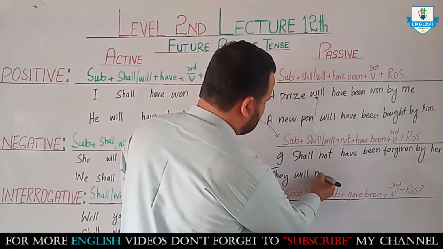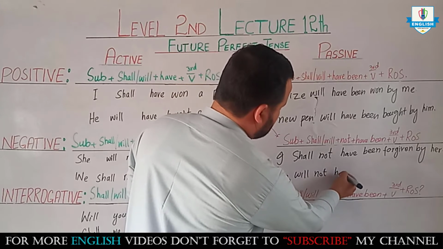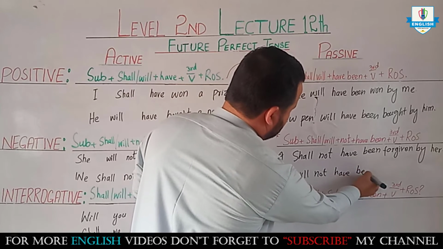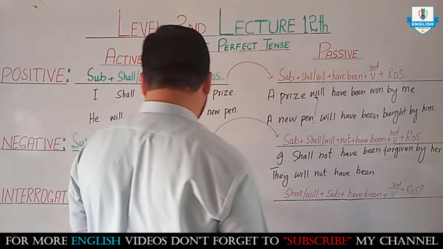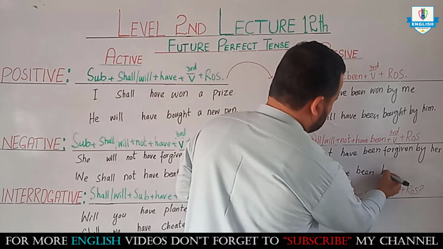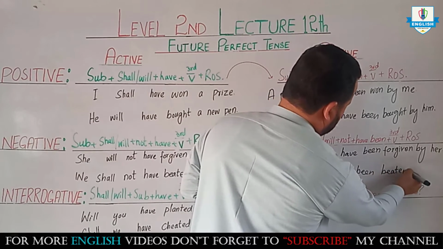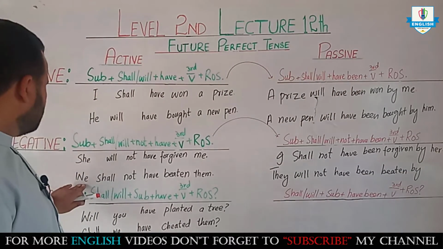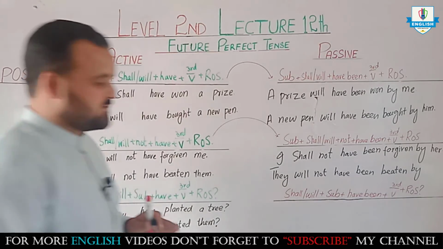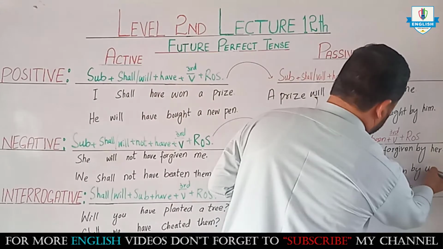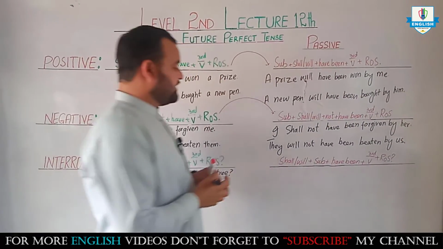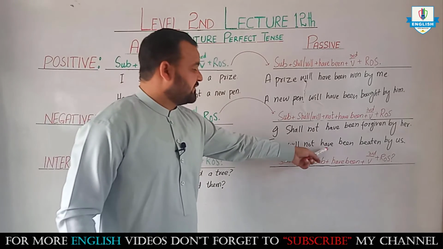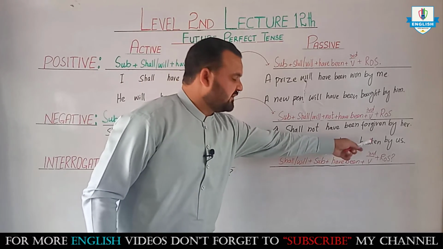They will not have been beaten, by agent. We. The objective case of we is us. Got it? They will not have been beaten by us.